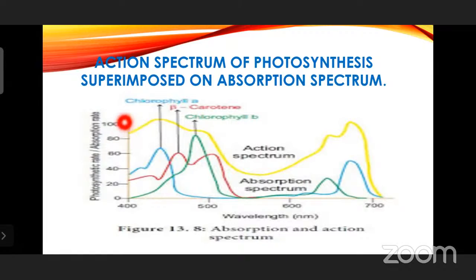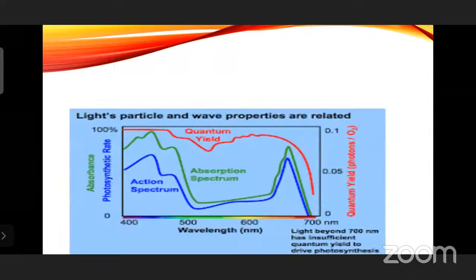And on the y-axis, we have taken the rate of photosynthesis or the absorption of the sunlight. So be clear with these two terminologies, absorption spectrum and action spectrum. Absorption spectrum is the actual harvesting of sunlight by chlorophyll pigments. Action spectrum is nothing but after harvesting, they are taking up photosynthesis only, no? So this action spectrum indicates the rate of photosynthesis. So it is more at these blue and red wavelengths. So I think it is clear for you.